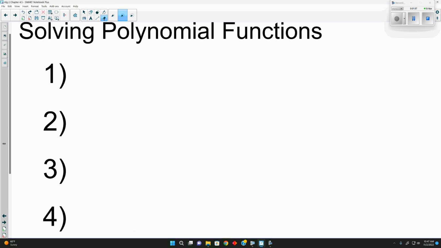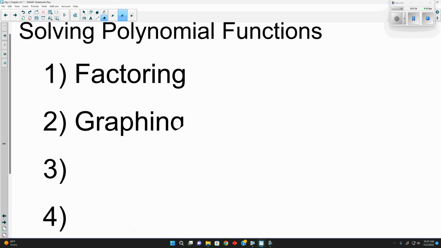All right, guys, so up to this point, and what we're starting today is solving. We're going to start solving these higher degree polynomial functions. There have been four main ways that we've solved polynomial functions. One of the first is factoring, because we did this with quadratics, and factoring still works with these higher degree polynomial functions. The second method is graphing.